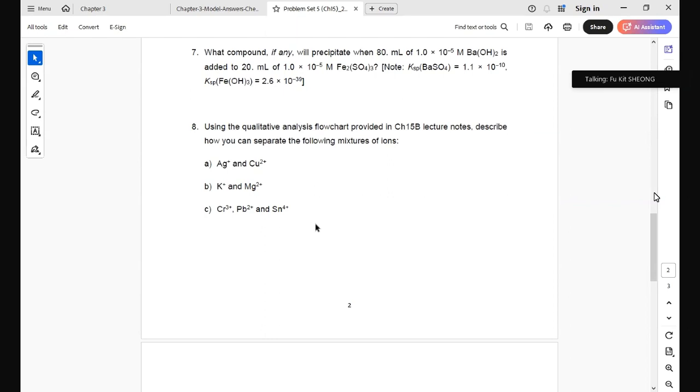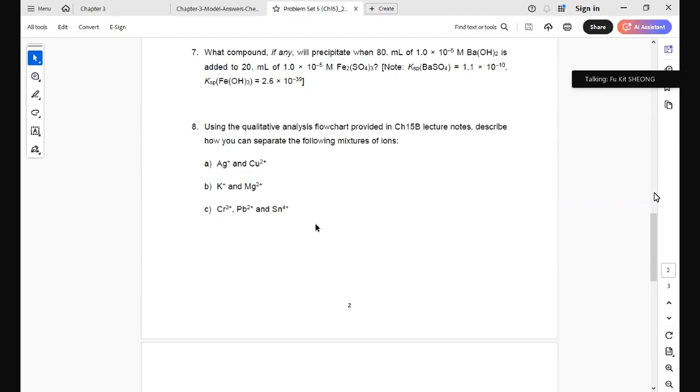So for tin 4+, you precipitate out the acid-insoluble sulfide. The remaining chromium will still be soluble, so you leave that in the solution. But if you want to precipitate it out, you can also add base to the solution so that you increase the sulfide concentration, and that's why you can precipitate out the chromium ions.